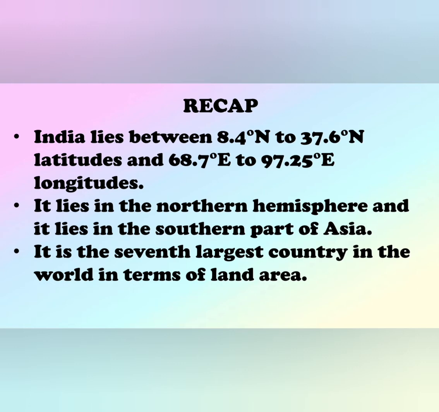Next, it lies in the northern hemisphere and it lies in the southern part of the continent Asia. It is the seventh largest country in the world in terms of land area.